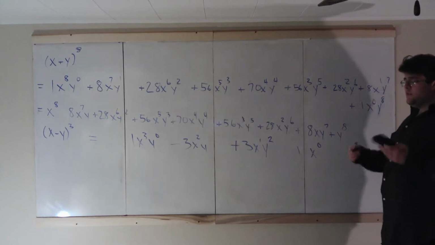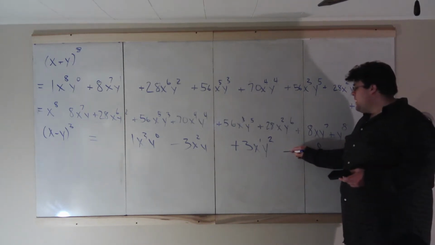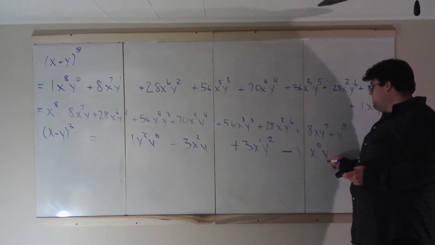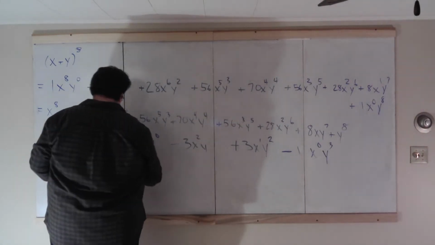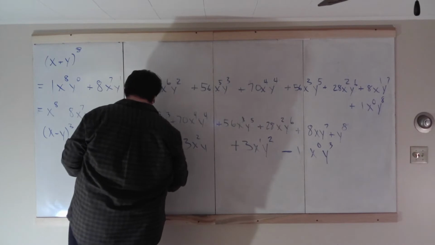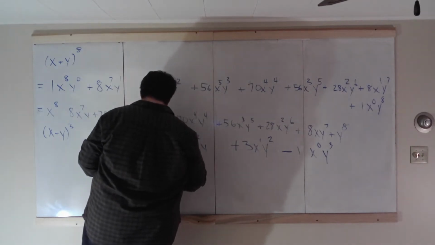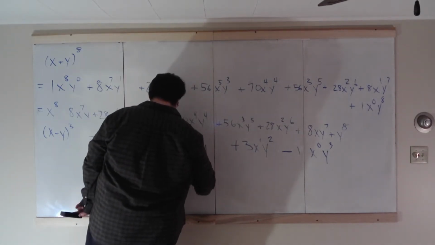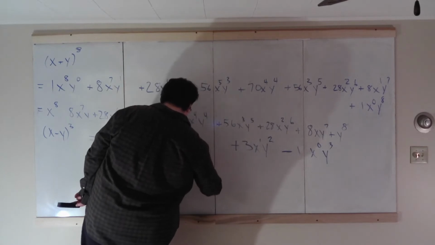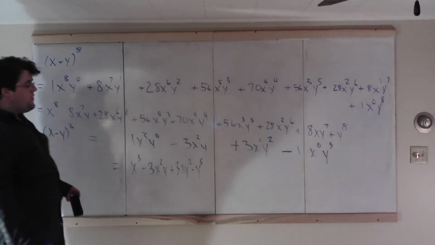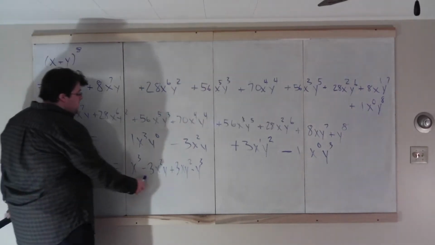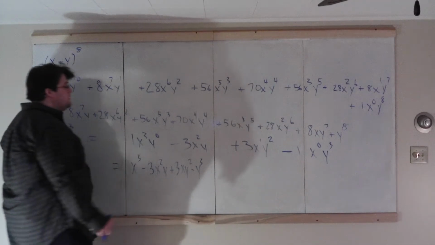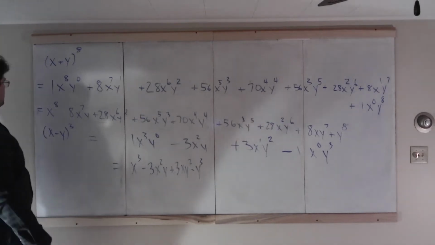3 negative y's. 3 negatives multiplied make a negative. And if you just simplify this, you get x cubed minus 3x squared y plus 3xy squared minus y cubed. But what I wanted you to notice is that with a negative, the signs are going to go positive, negative, and so on.